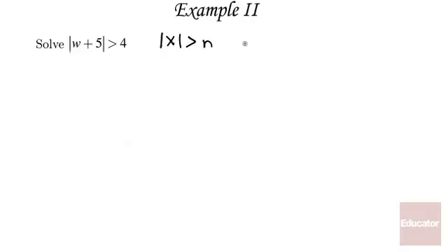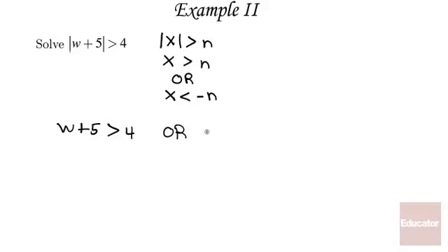This tells me that x is greater than n, or x is less than negative n. Those are going to be my two related inequalities. So writing that for this inequality, I get w plus 5 is greater than 4, or w plus 5 is less than negative 4. Now it's very simple to solve.